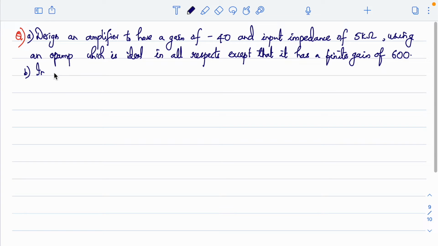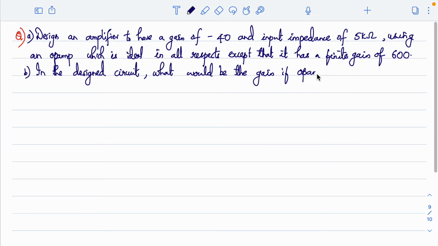Now the second part of the question is: in the designed circuit, what would be the gain if the op-amp is replaced by an ideal one?